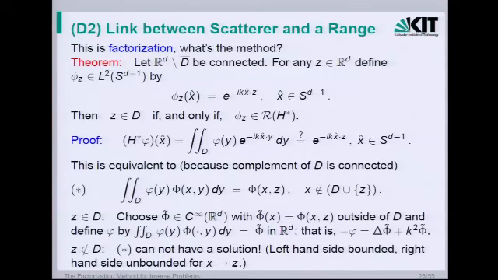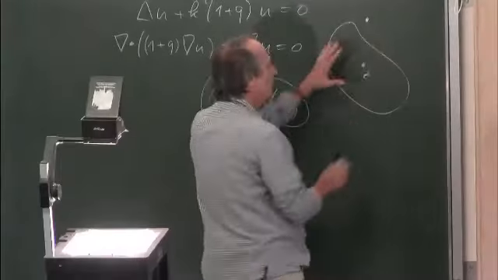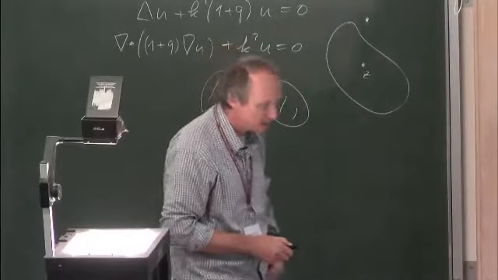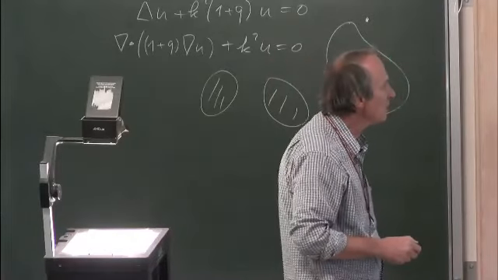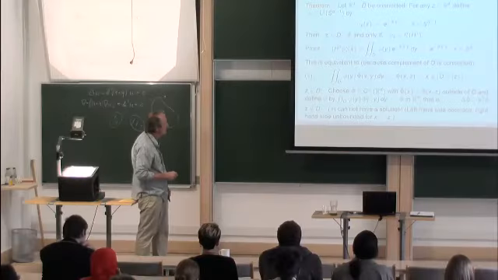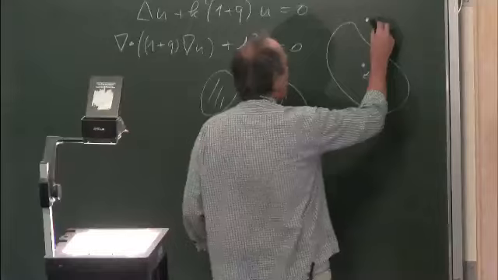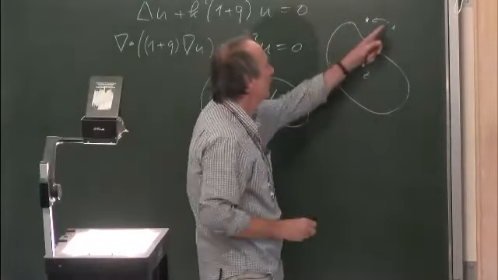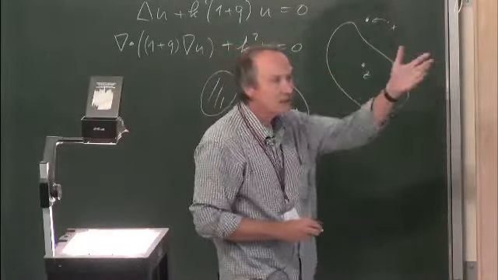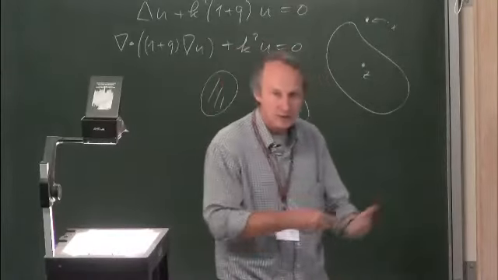For Z outside of D, this cannot be solved. If Z is really outside of the closure of D, it is easy to see, because this is a continuous, or at least bounded, function on X everywhere, but this is unbounded if X goes to Z. If X is outside, there's no reason why X should not go to Z, so then the right-hand side is unbounded, but the left-hand side is bounded, so that can't have a solution.